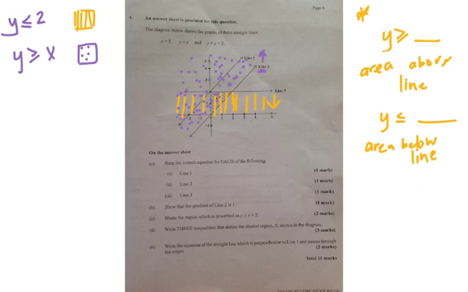So the area that belongs to both of those inequalities should be the area that has both lines and dots, and that is simply this area here. But this area that is double shaded does not coincide with our shaded triangle as yet. We have to put in one more inequality.